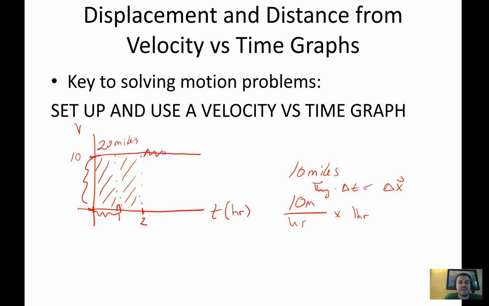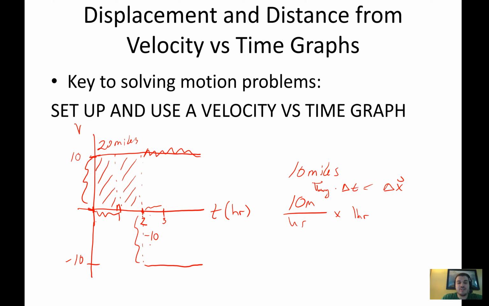Now let's say instead of continuing like that, I instantly stop, I break the laws of physics and I instantly stop, and then I move backwards in the other direction at a negative 10 miles per hour. This time, for that first hour, I am multiplying a negative 10 by a 1, and so I would have an area of negative 10.